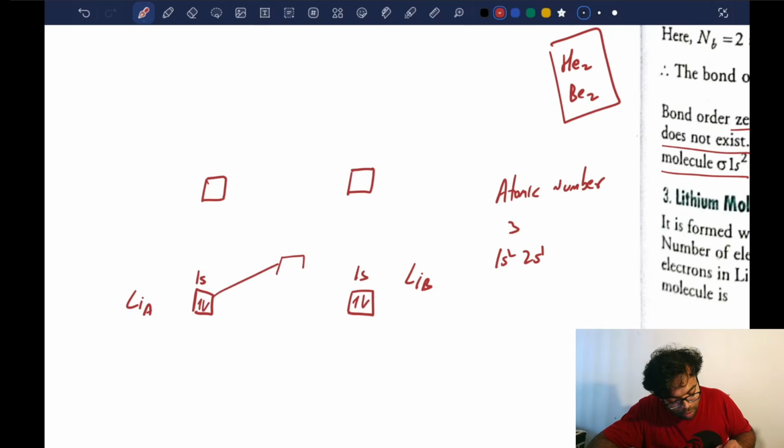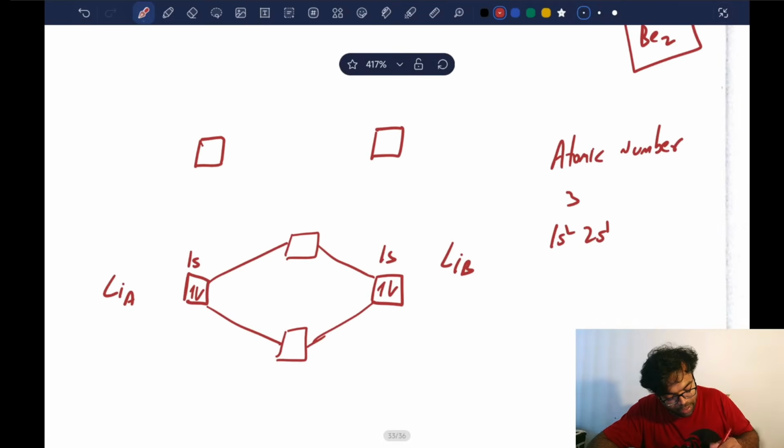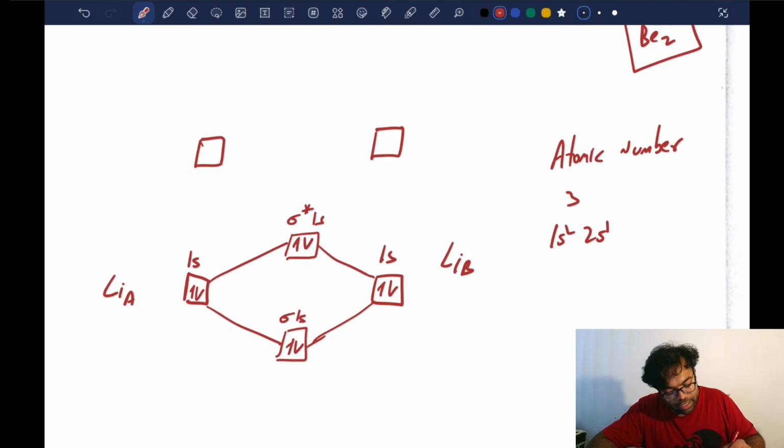Two atomic orbitals will give us two molecular orbitals. So this will become sigma 1s, sigma star 1s. These two electrons will get filled up here and these two electrons will get filled up here. Now, in the case of 2s, lithium only has one electron, and here also lithium only has one electron.